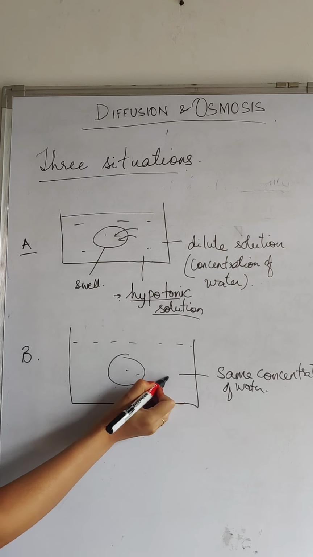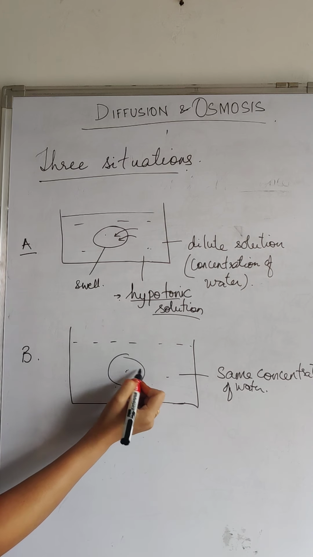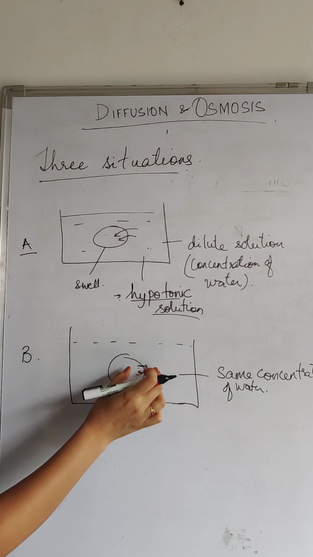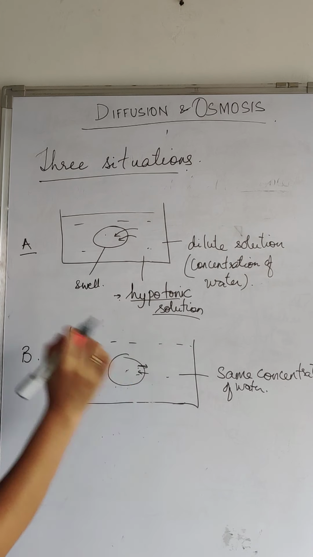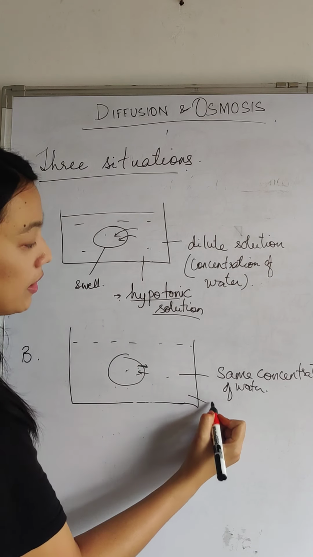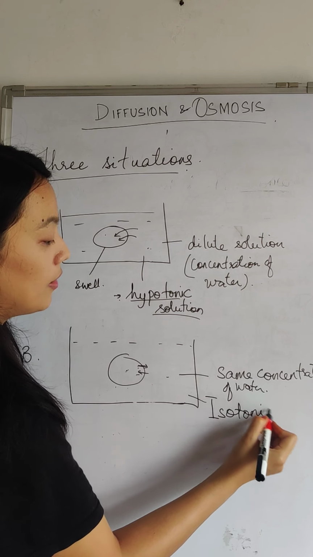That means the amount of water here and here is the same. What will happen here? There will be movement, of course, but if it moves out, it will come inside also. That means there will be no net exchange of water molecules between inside and outside. So this type of solution, we call it an isotonic solution.